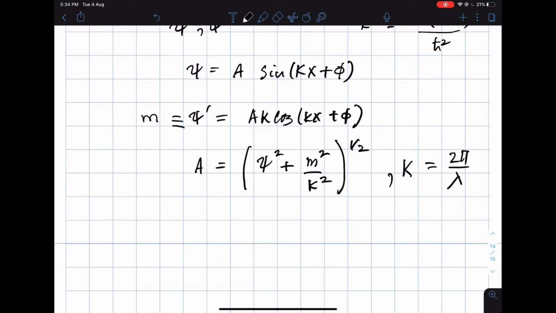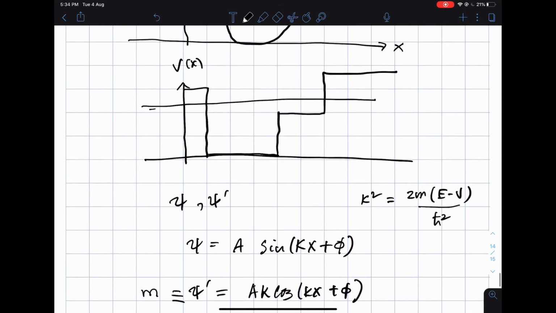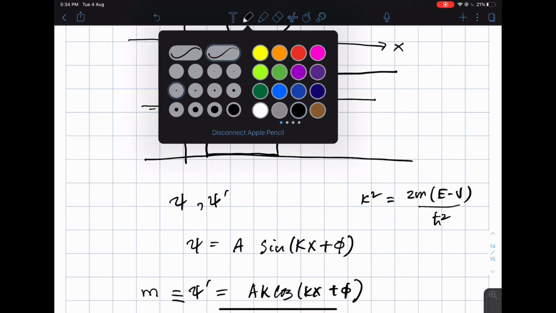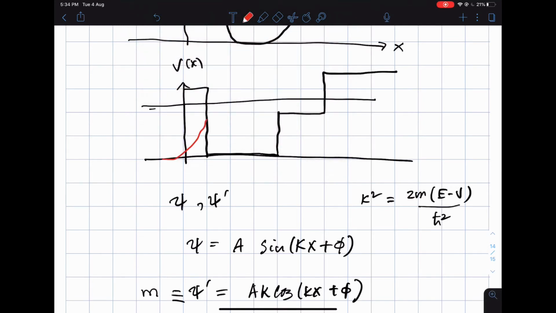Having made these observations, we can now sketch what the wave function will be for this potential. It'll be some exponentially decaying thing. And once we get into region 1, a sinusoid which will be rapidly oscillating, but its amplitude won't be that big.